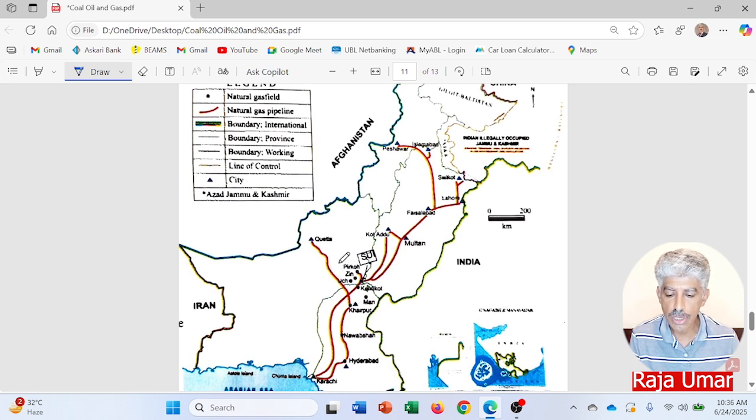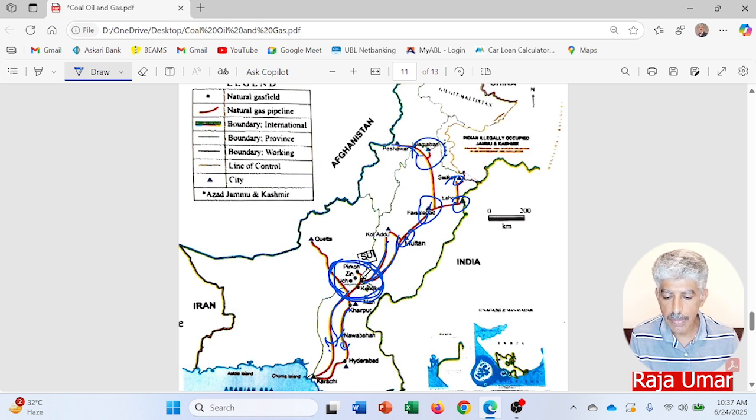As we have already talked about, this is the natural gas region where natural gas is being mined and explored. And here you can see that two pipelines are going down towards the south, towards Karachi, to run the industry, and a couple of pipelines are coming towards the north of Pakistan, towards the center of Punjab, towards Multan, Faisalabad, and then Lahore, Sialkot, and towards Rawalpindi, Islamabad, and towards Peshawar as well.